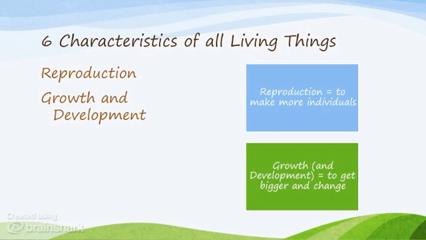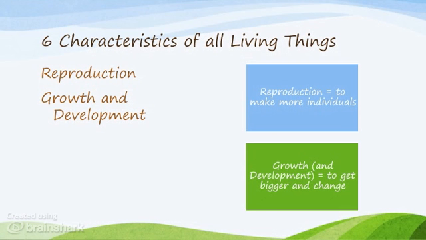So not only will you write the word reproduction in the second row of the chart, but you will also move down to the STRIRENGS spider and write the word reproduction, defined to make more individuals, on one of the spider's legs.